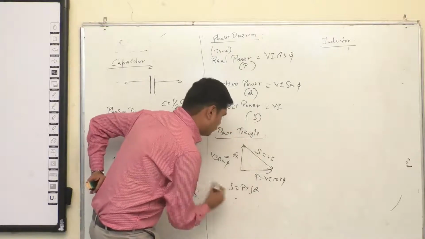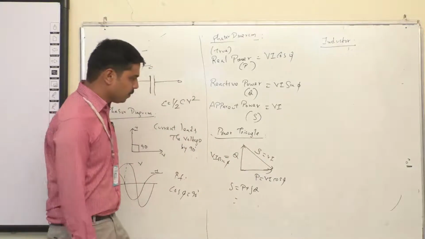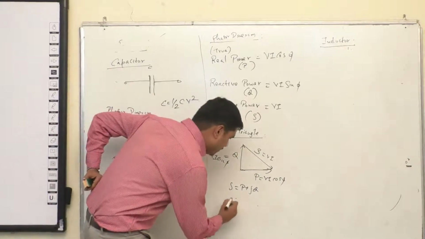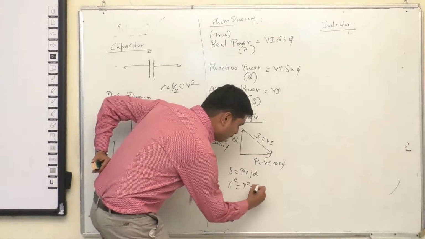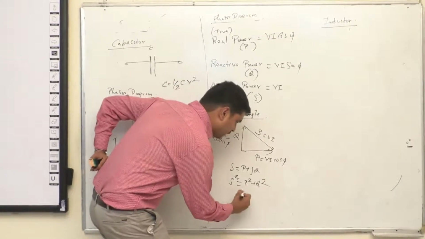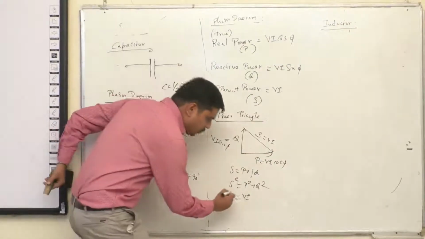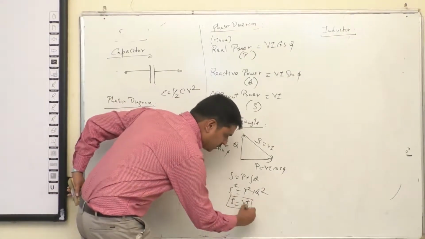By the Pythagoras theorem, the hypotenuse squared is equal to the sum of the squares of the other two sides, so S square is equal to P square plus Q square. Since cos square theta plus sin square theta is equal to 1, the apparent power is S is equal to VI.